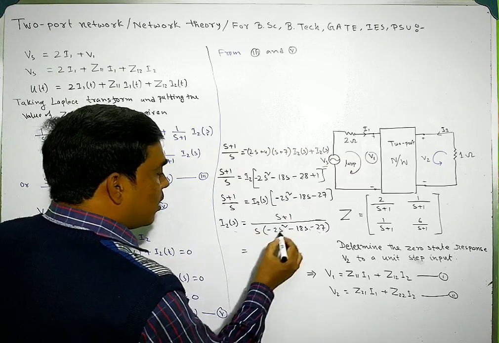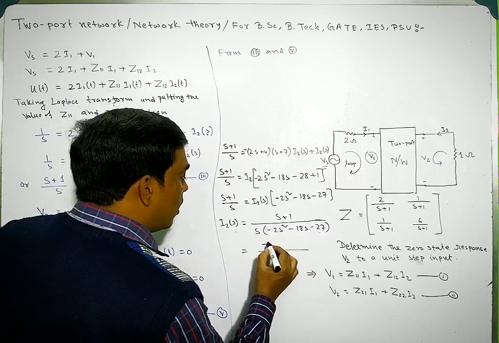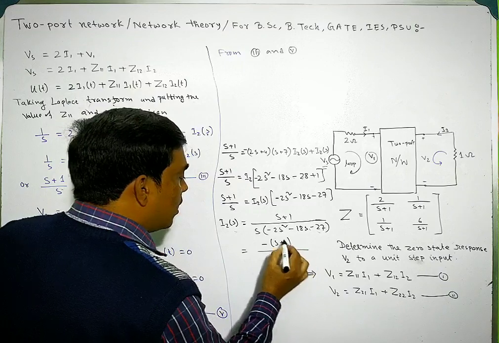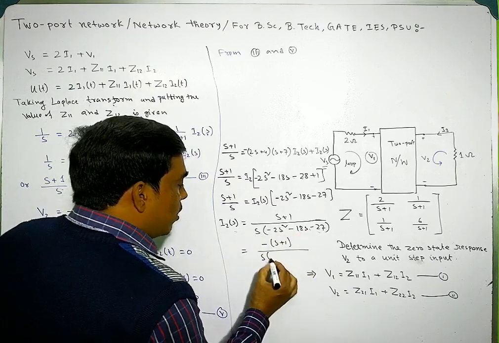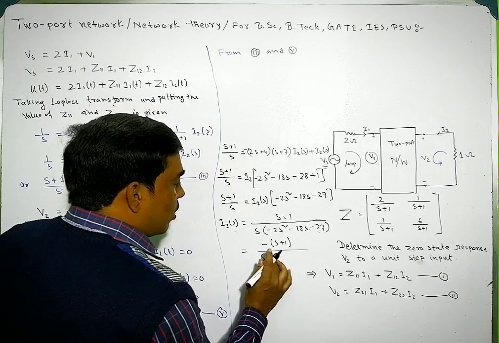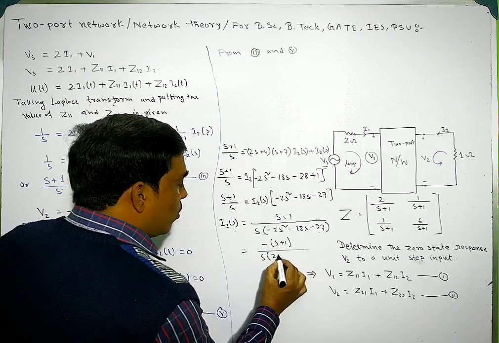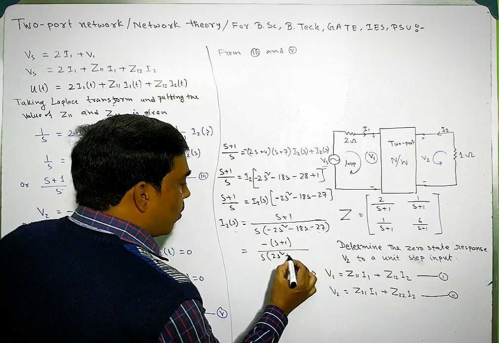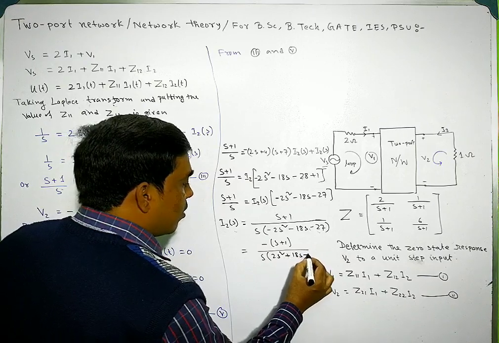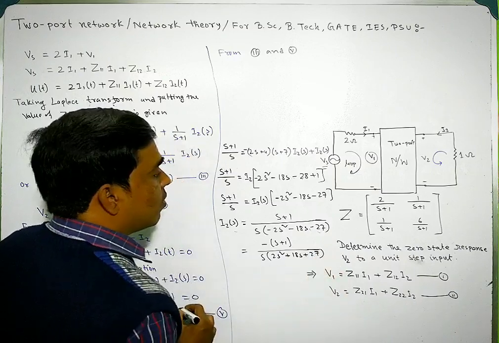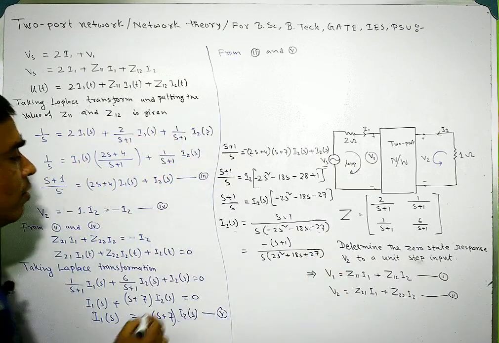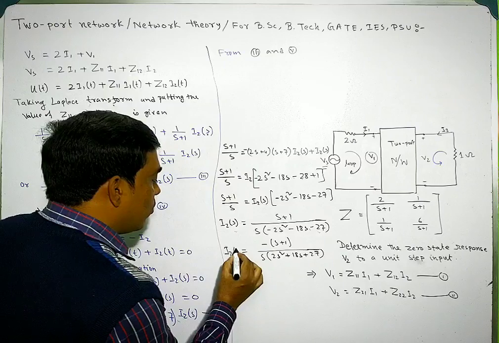If I take the minus to the lower side, it will be s into (2s square plus 18s plus 27). This is I2(s).